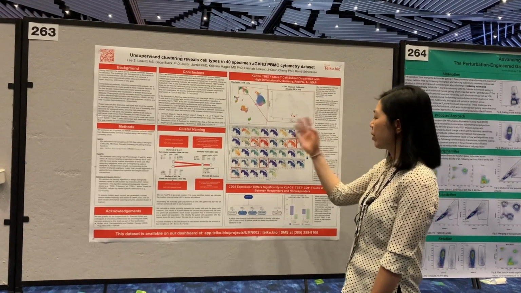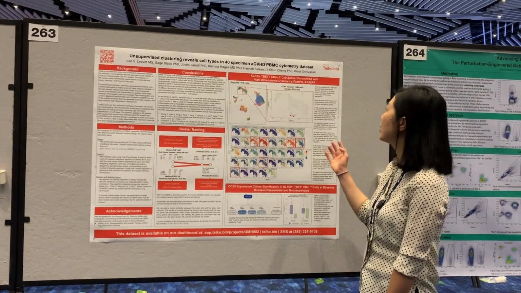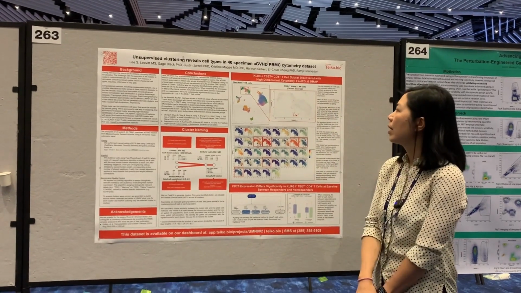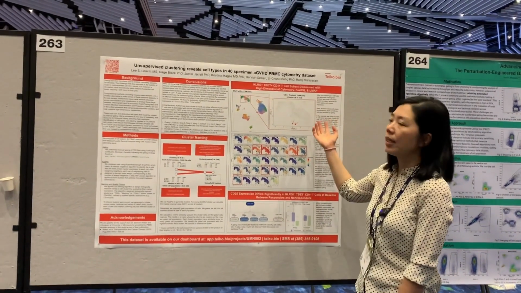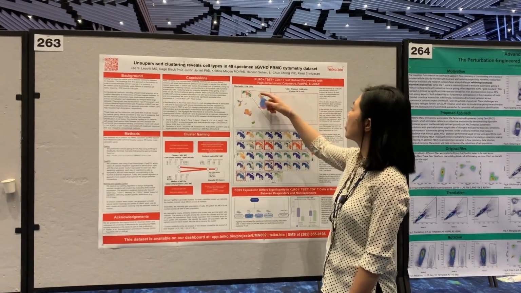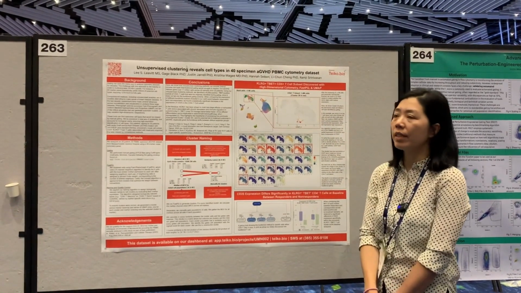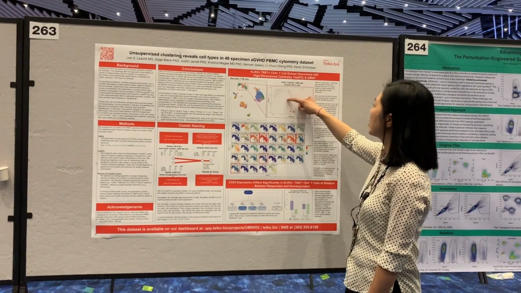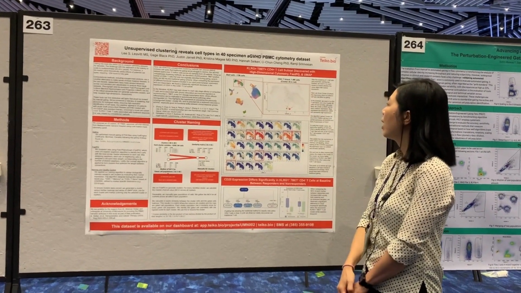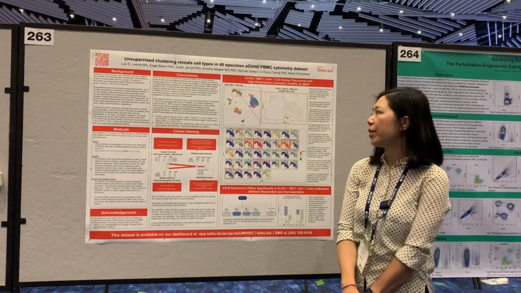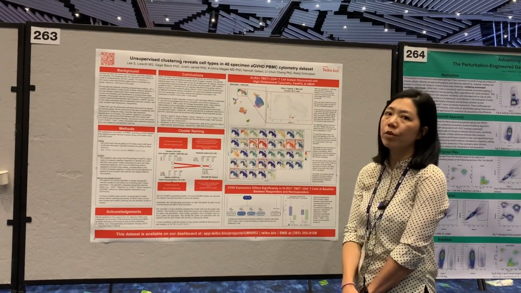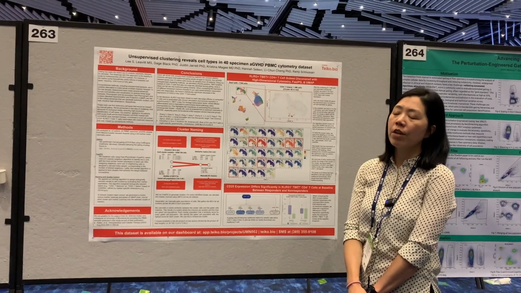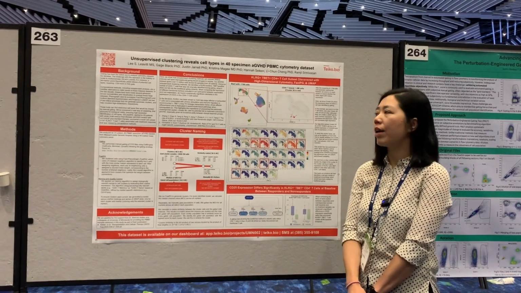Here I want you to focus on this cluster. We call it cluster 26. Cluster 26 is a small cluster within the bigger CD4 T cell island. When we look at cluster 26, we found that it shares some similarity with the CD4 TEMRA cells, with their expression of CD27 and CD45RA.